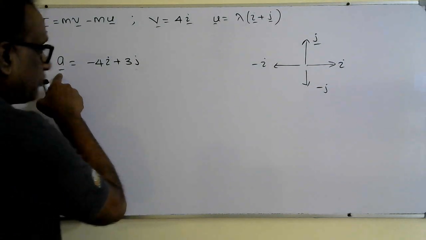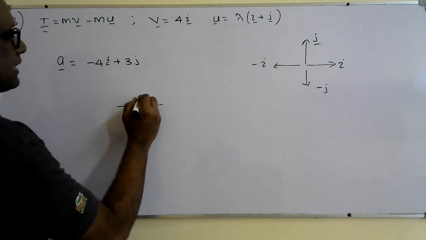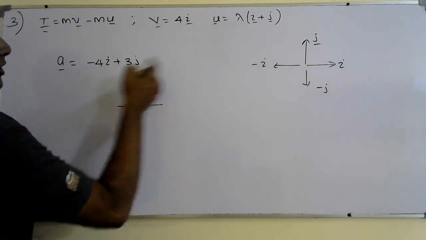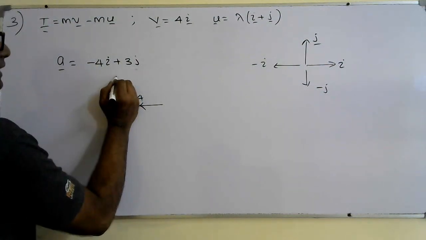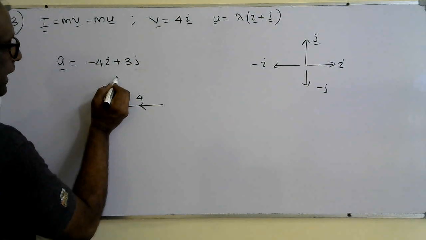Minus 4i means towards the left 4 units along the minus i direction. 3j is upwards, because j is positive upwards. So vector A is this one.